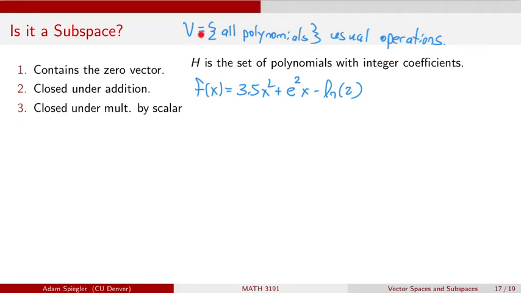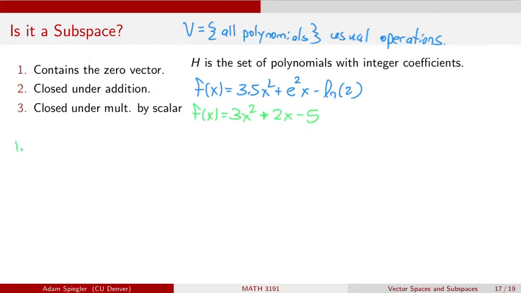So this would be an element in the set V, which is not in the subset H. So we're restricting ourselves now to just thinking about polynomials where each of the coefficients is an integer. So things that look like this. So we want to check, is this a subspace? Does it satisfy these three conditions?